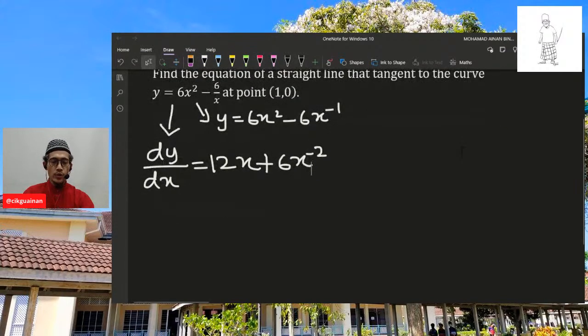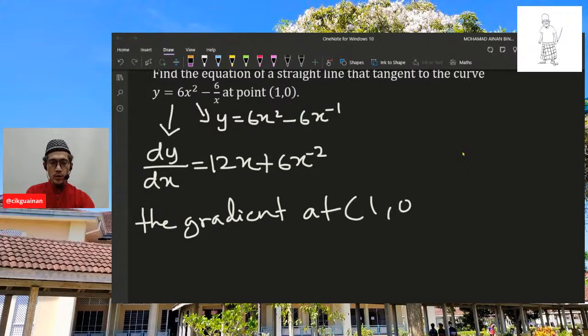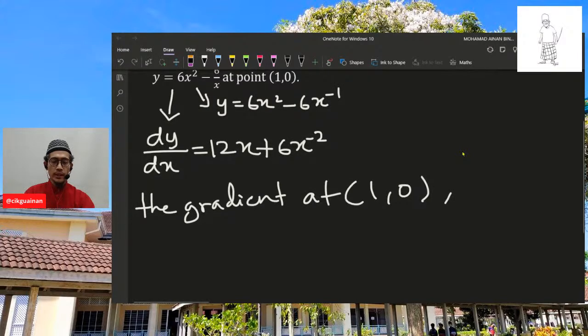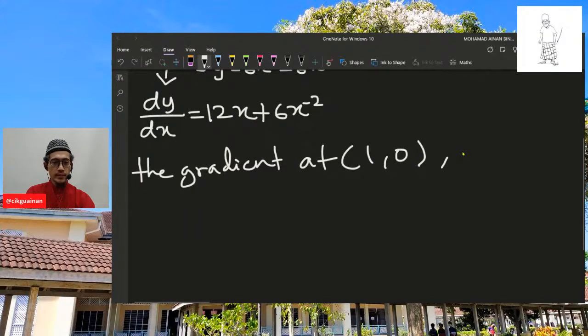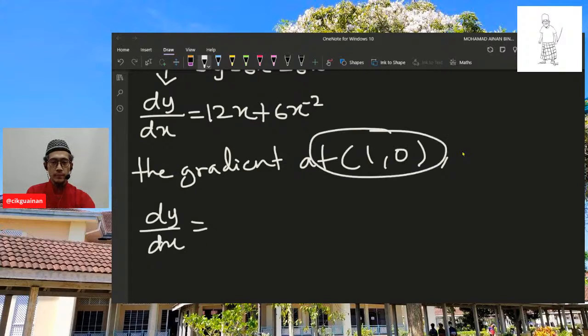So what we want is to find the gradient of the curve at 1, 0, which is very easy. What we should do is, in dy/dx, we just substitute the value of the point.